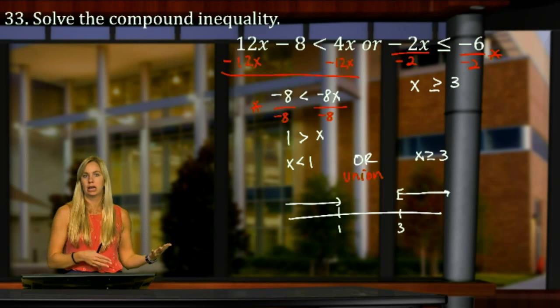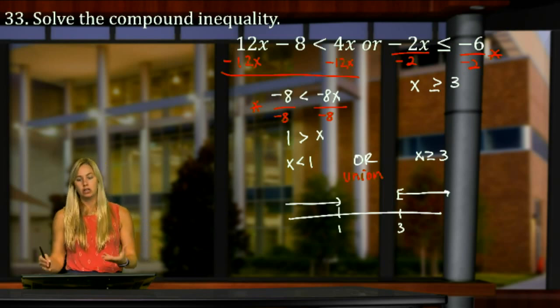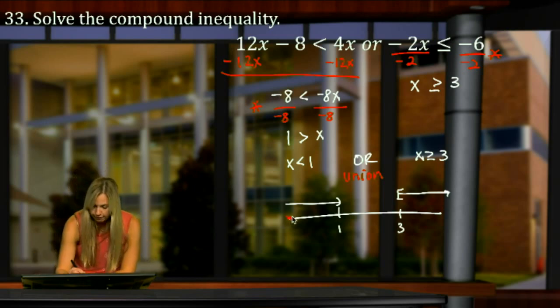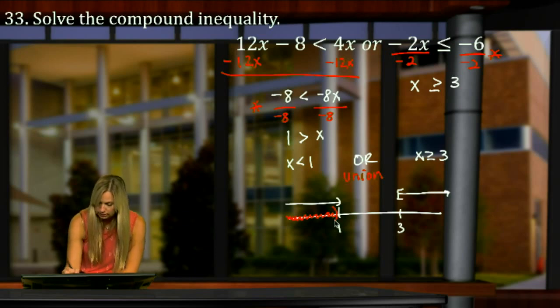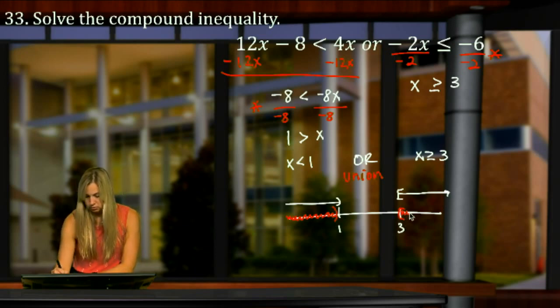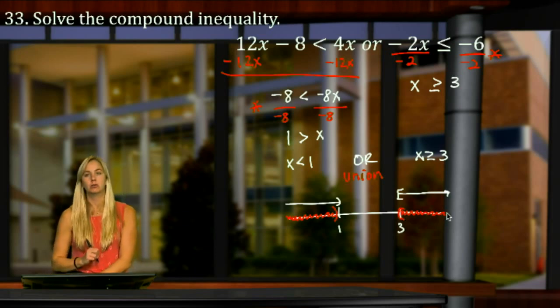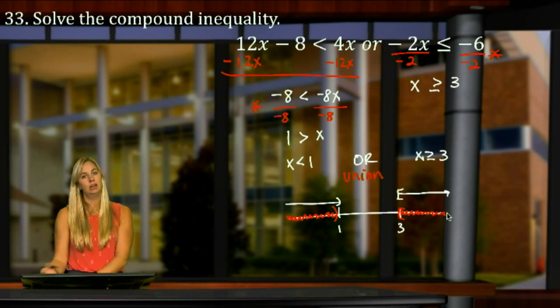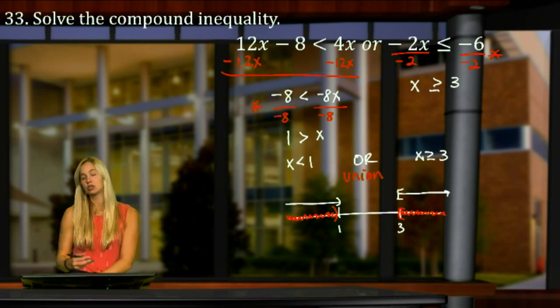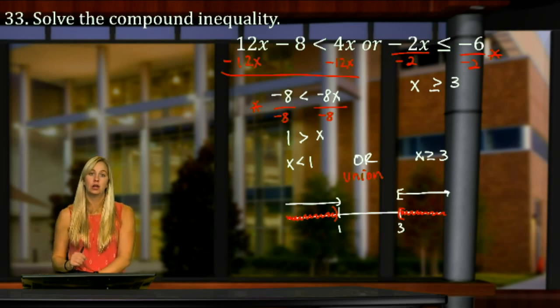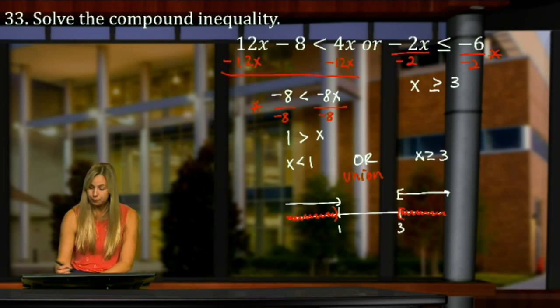When it was an intersection, there was no solution. For the union, it's everything in either section. So it actually includes both of those. So that red shading would be the formal graph for this solution. To write the interval notation, since we have two separate shaded regions, we're going to have two separate intervals and we're going to join them with the union symbol.